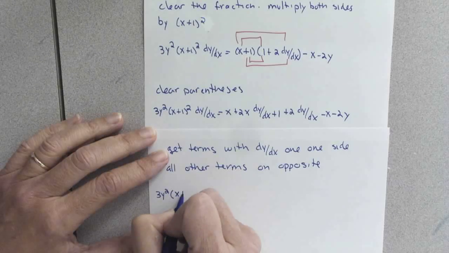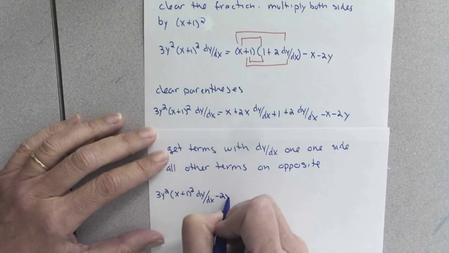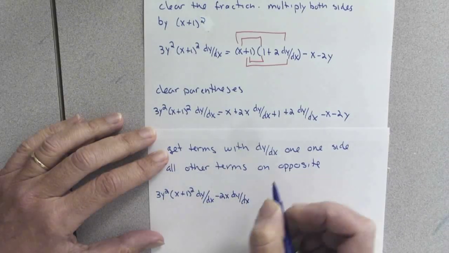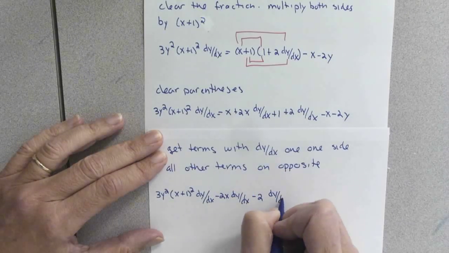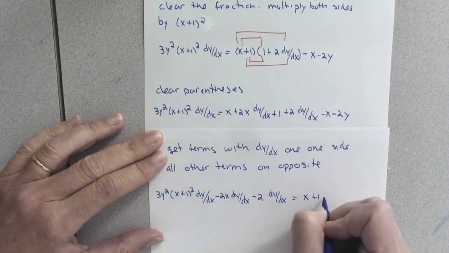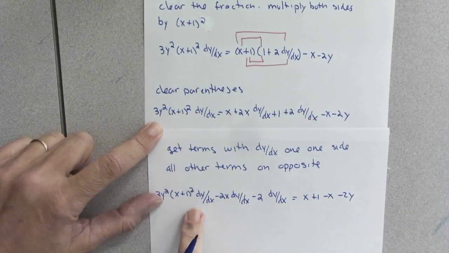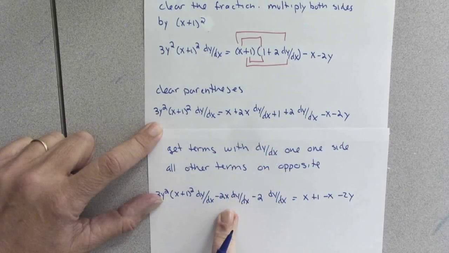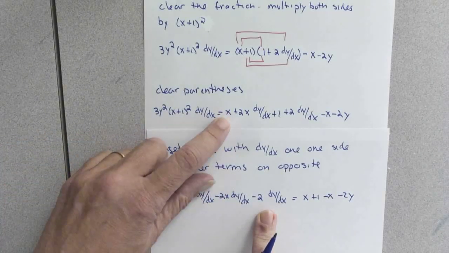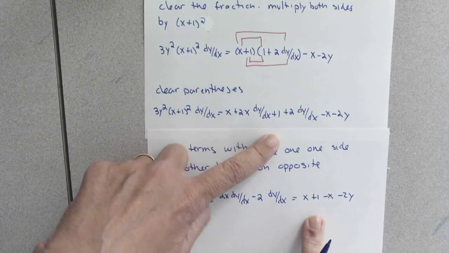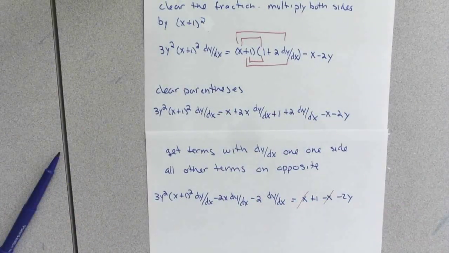So 3y squared, x plus 1 quantity squared, dy dx, minus 2x dy dx, minus 2 dy dx equals x plus 1 minus x minus 2y. There was dy dx. I kept it, moved that, so negative 2x dy dx, plus 2 dy dx, moved it, negative 2 dy dx. So I had 1, or at x, 1, negative x, and 2. Those guys clearly cancel.